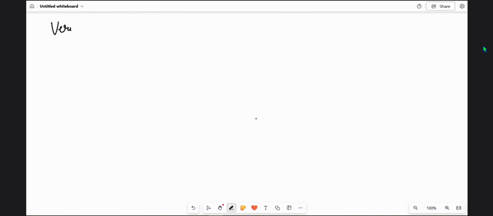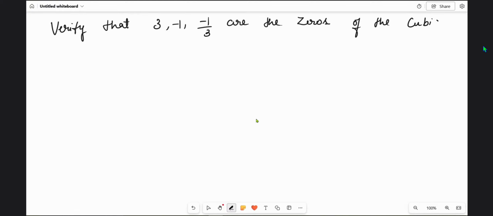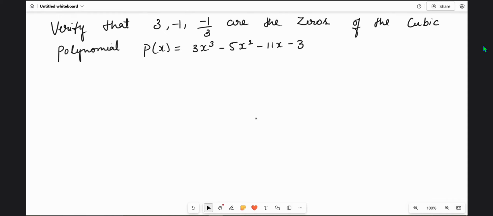Verify that 3, minus 1, minus 1 by 3 are the zeros of the cubic polynomial p of x is equal to 3x cube minus 5x square minus 11x minus 3.